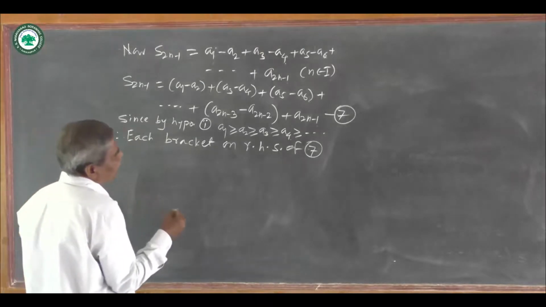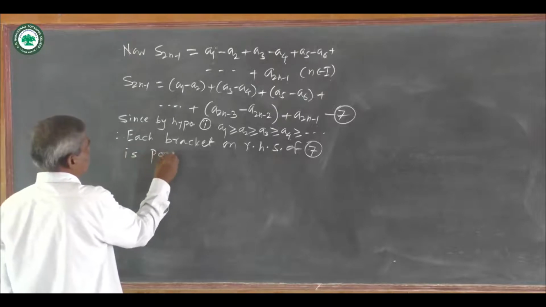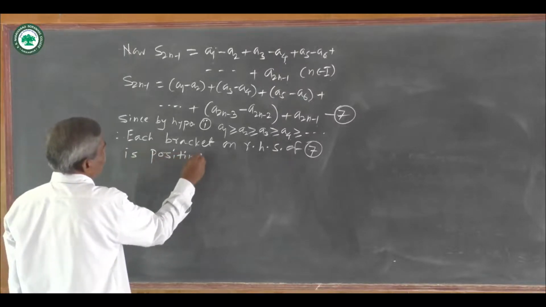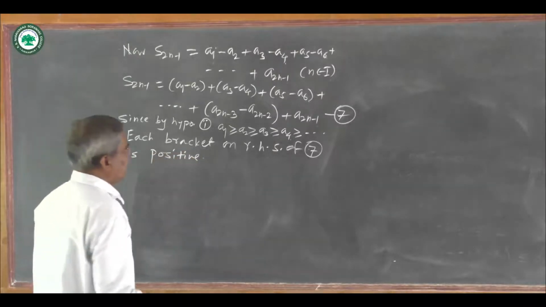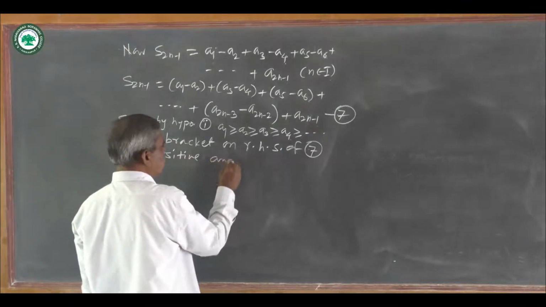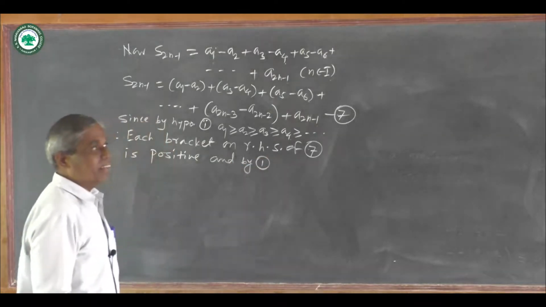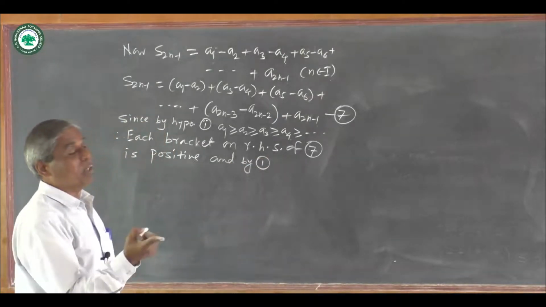Each bracket on RHS of 7 is positive, and by 1, An is greater than or equal to 0 for all n belongs to I.